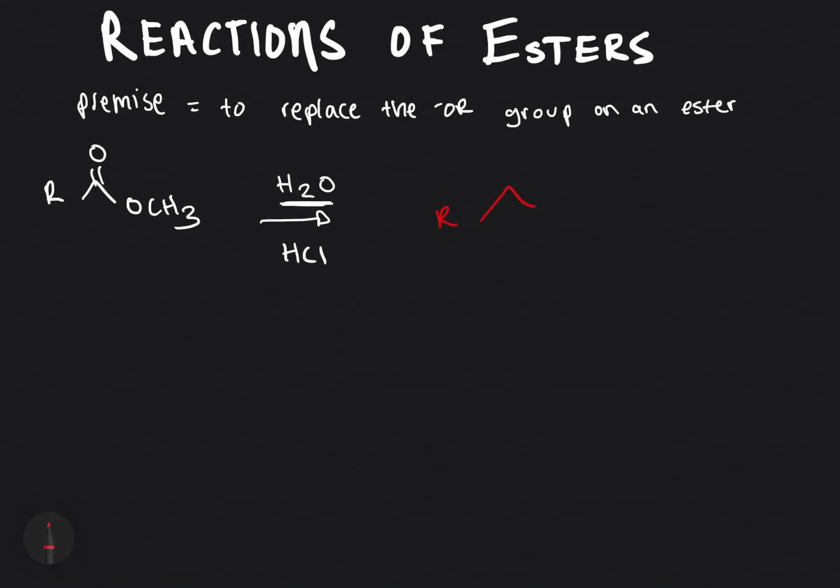let's see, we were replacing the OR part of the ester with this group, and if it's an uncharged molecule like this one, we're going to lose a hydrogen, much like acyl chlorides. So if you add water to an ester, that is going to give you a carboxylic acid.